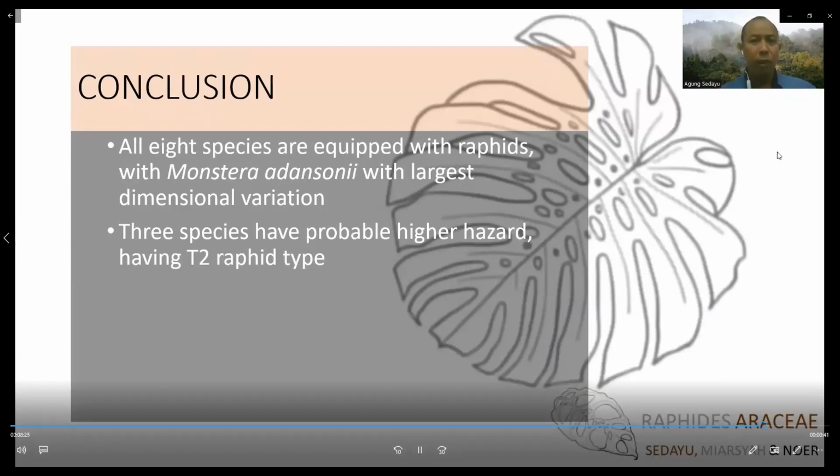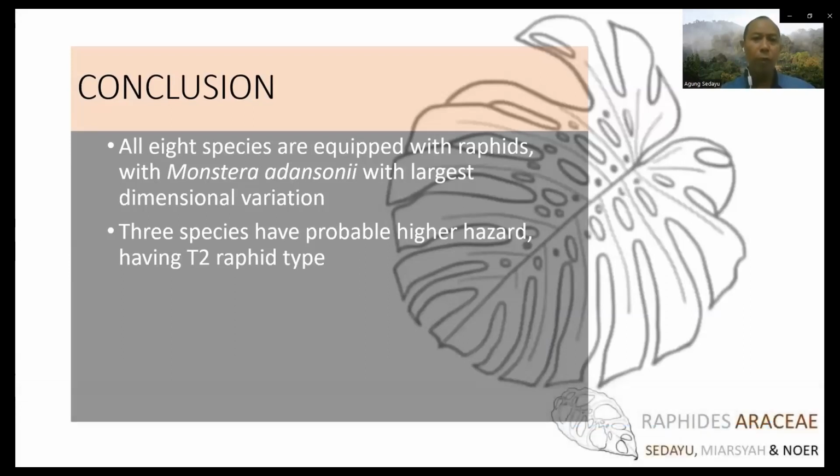But among the 8 species, we must be extra careful with the 3 species which have a probable higher hazard because they have T2 raphid types, and especially Dieffenbachia amuna, which has the longest T2 raphid types. I think that's my description.